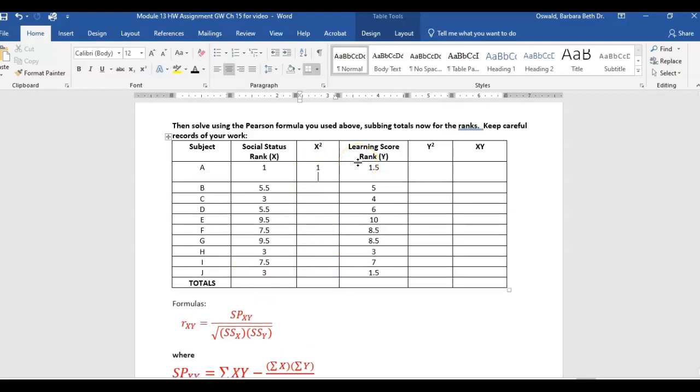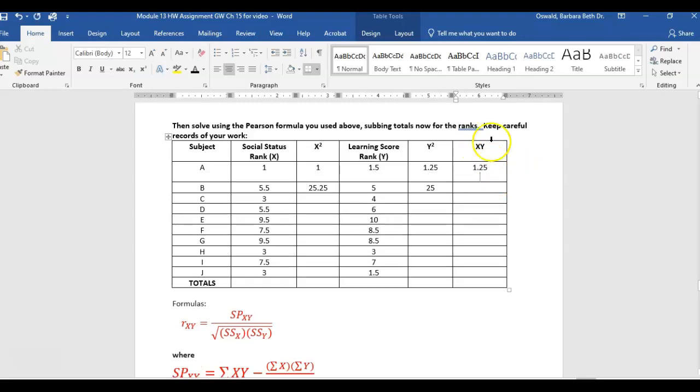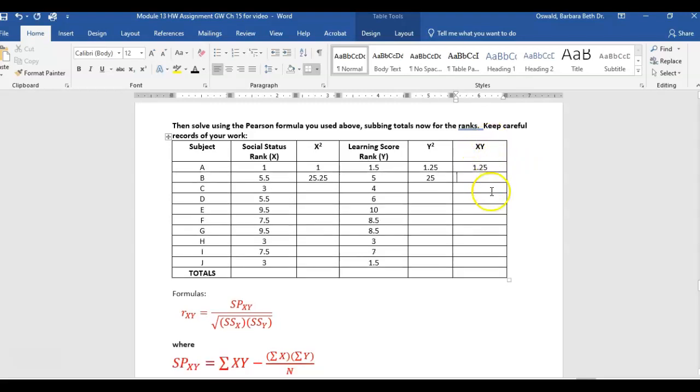So 1 squared is 1, 5.5 squared is, I think, 30.25 maybe. Don't judge me on that. And then you would just multiply these, so 1 times 1.25 is 1.25, and so forth. So you would just do this math and get your sums down here, just like we were doing before.